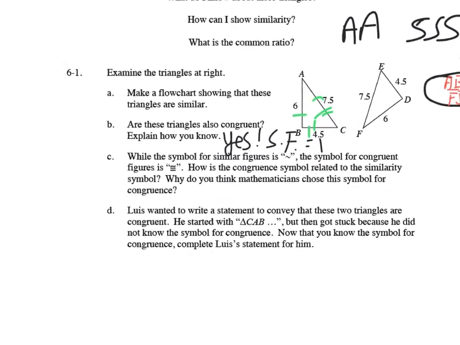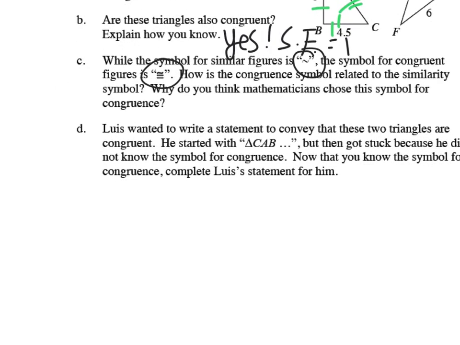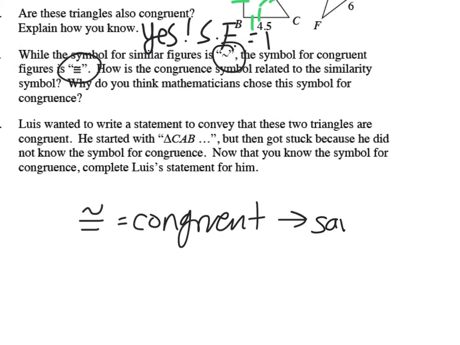So here's a big deal in letter C. It says, while the symbol for similar figures is the tilde, the symbol for congruent figures is an equal sign with the tilde on top. So how is congruence related to similarity? Well, congruent, that's what this means for two shapes to be congruent, is the same shape and size.